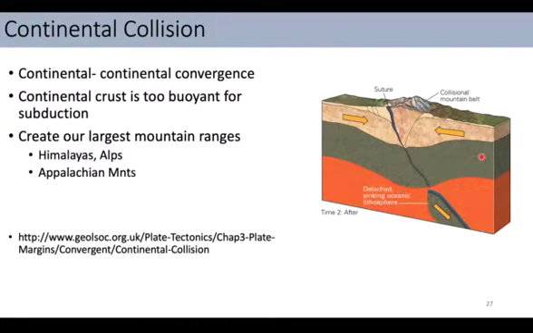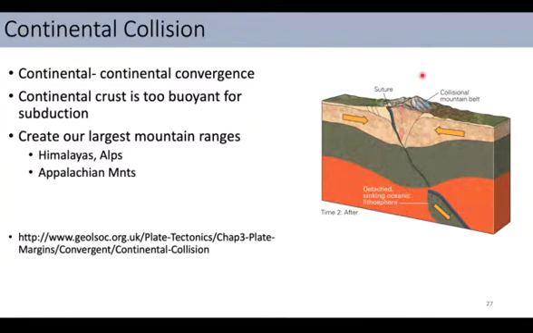So that brings us to actually the third type of convergent boundary, which we call continental collision. So it's actually very different than the other two types of convergent boundaries. Here is where we have two continental crusts coming together. So they are coming towards each other. It is continental convergence, moving towards each other.